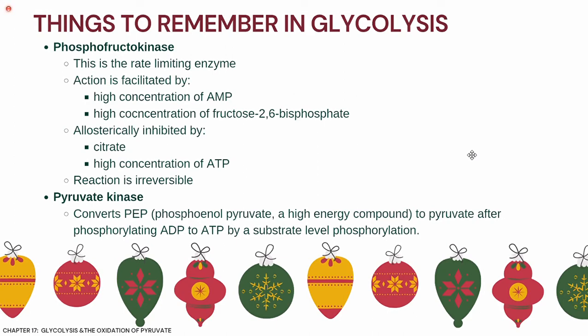So there's plenty of acetyl-CoA. Another allosteric inhibitor for phosphofructokinase is a high concentration of ATP. Which means there's plenty of ATP already, there's no need, so we have to inhibit the phosphofructokinase. Okay. So the reaction is irreversible.